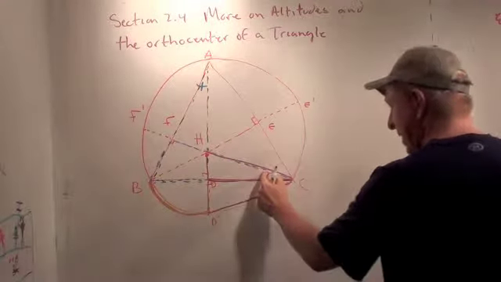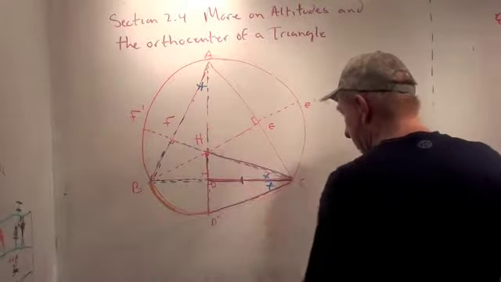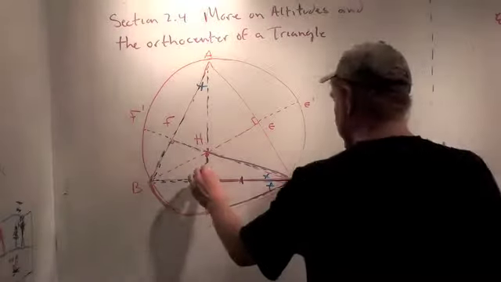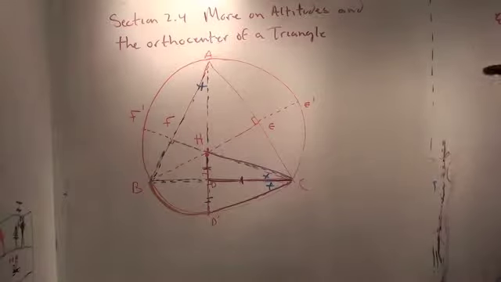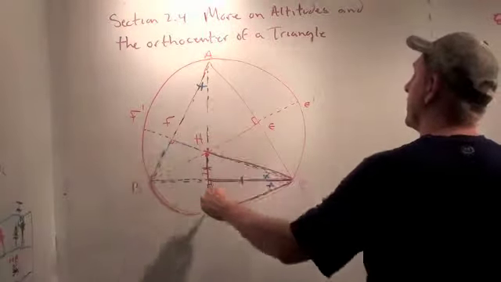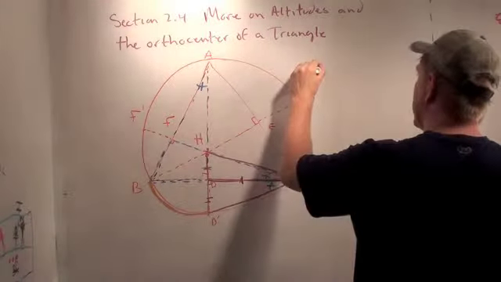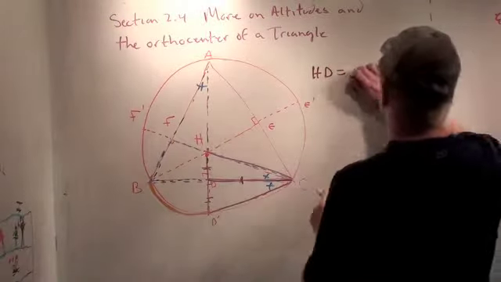Now this has the same angle, so these are similar right triangles, but they also share a common side. And that means these two triangles are actually congruent, which gives us our first interesting little fact that when you draw this figure, draw a triangle, draw its altitudes, extend those altitudes out to the circumscribed circle, we know that HD equals DD prime.